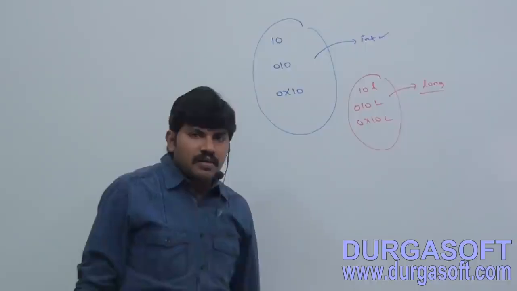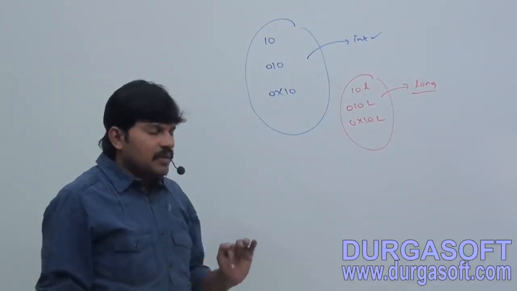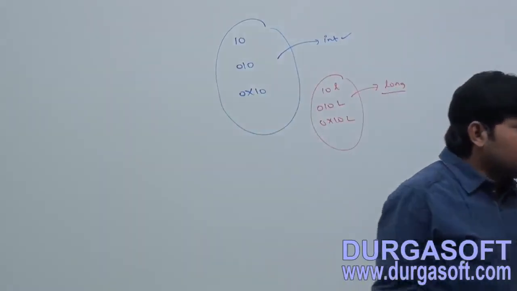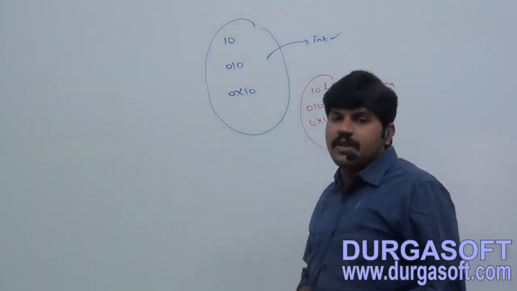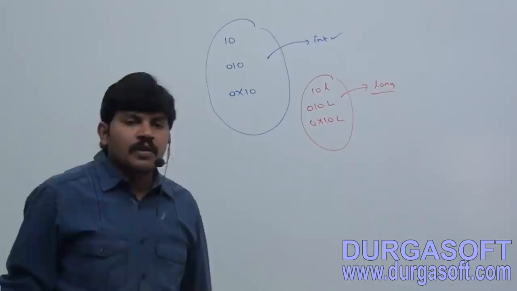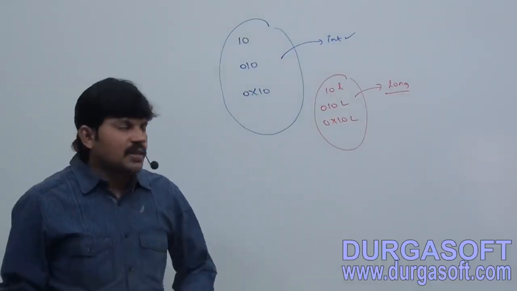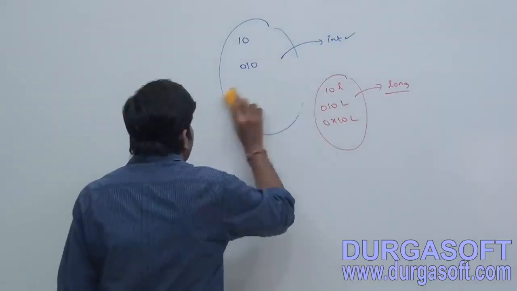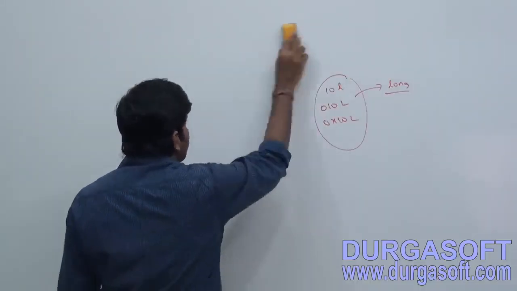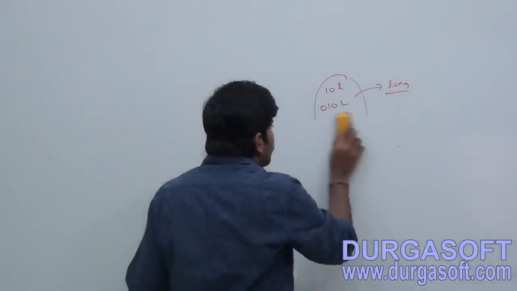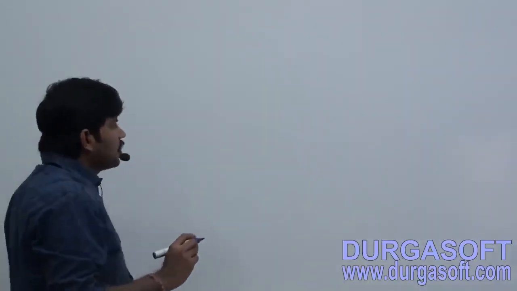I don't want to specify it as int, I want it as long. Then we should specify it explicitly by suffixing with L. By default every integral literal is of integer type, but we can specify explicitly as a long type by suffixing with small l or capital L.